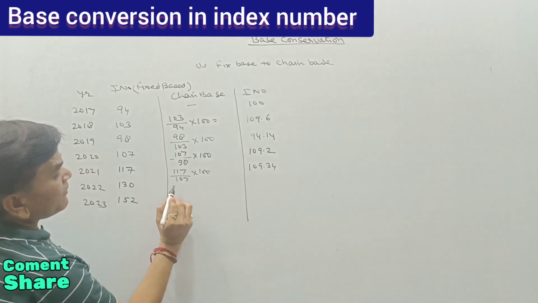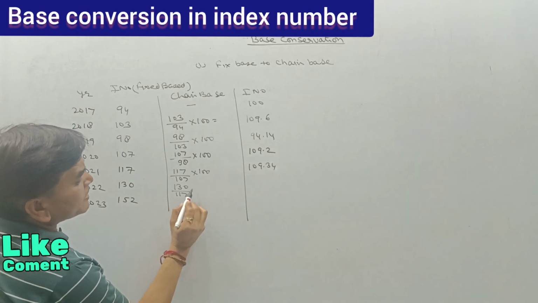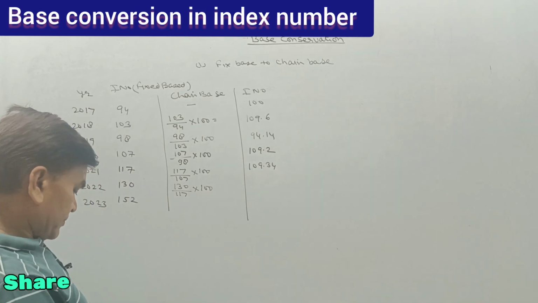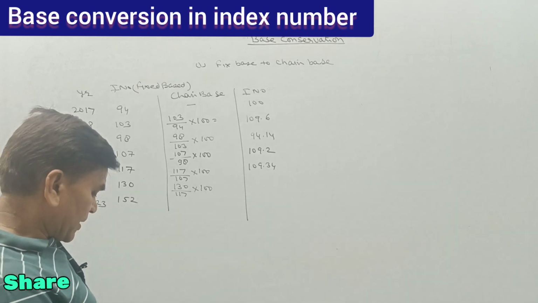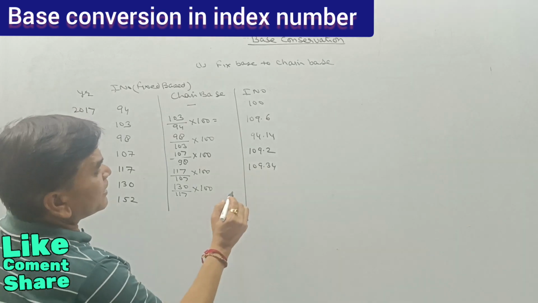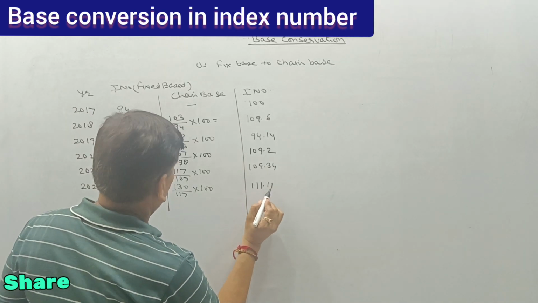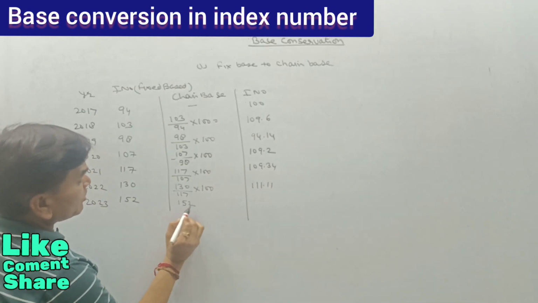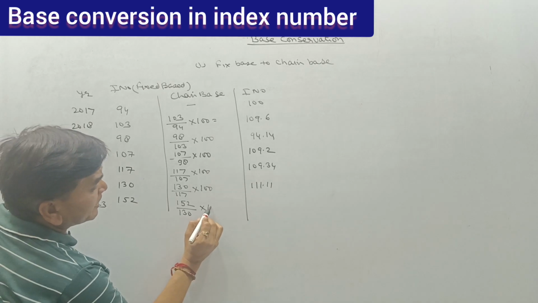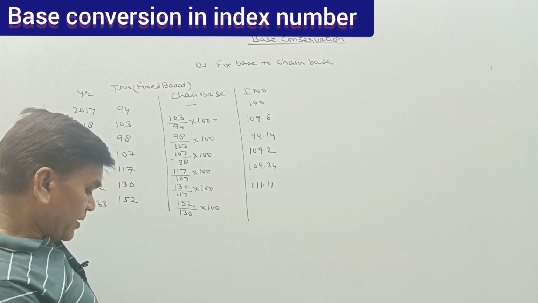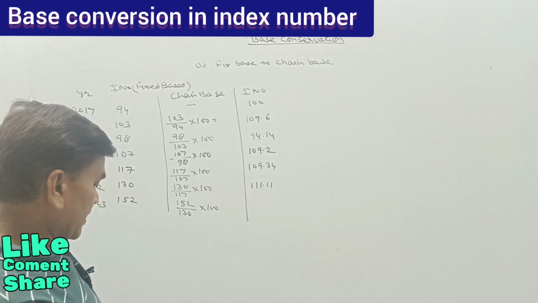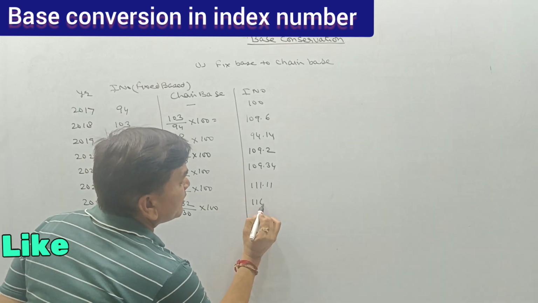Again, 130 divided by 117 multiplied by 100 is 111. And the last one, 152 divided by 130 multiplied by 100, is 116.9.